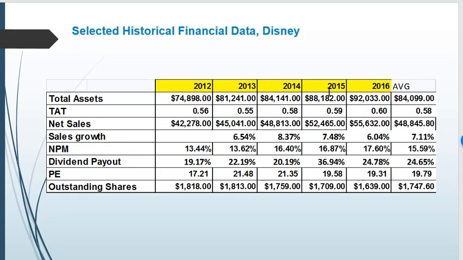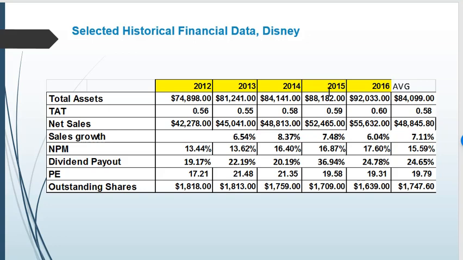So let's think about the data that we need to know about Disney. We need to know something about total assets. TAT is total asset turnover ratio. This is an efficiency ratio. We need to understand something about net sales, sales growth.